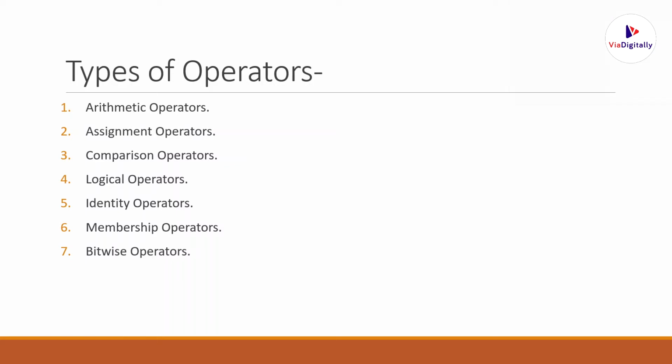Assignment operators are used to assign values to a variable or update the values of the variable. And comparison operators check whether two variables are greater, lesser, equal, or not equal. These are the types of conditions we check.